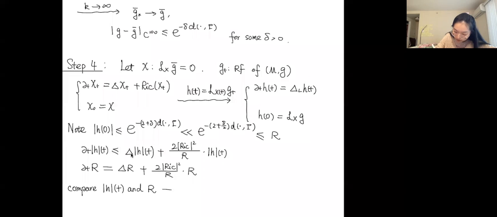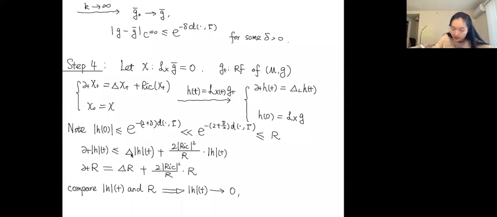And so this will imply, by some work, because we know that the scalar curvature under the flow is always a bounded solution, and because the initial condition of h is much smaller than the initial condition of the scalar curvature, by some heat kernel estimates, we'll be able to show that the norm of the tensor field h decays very fast.